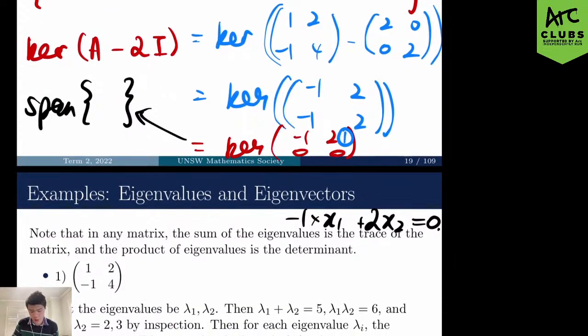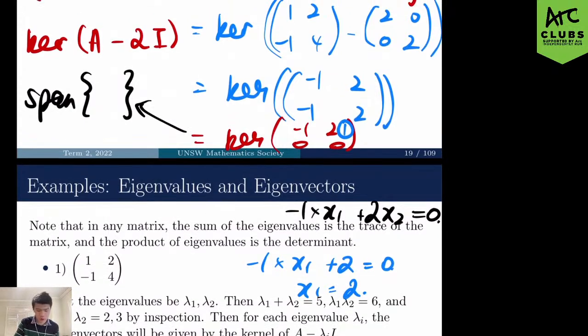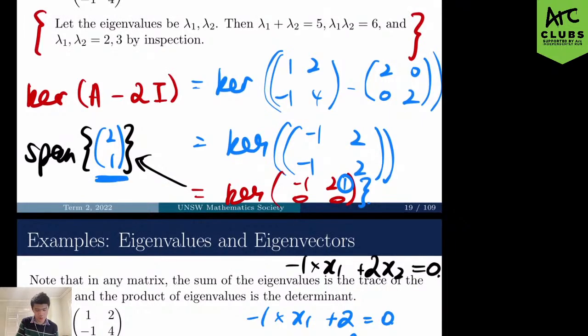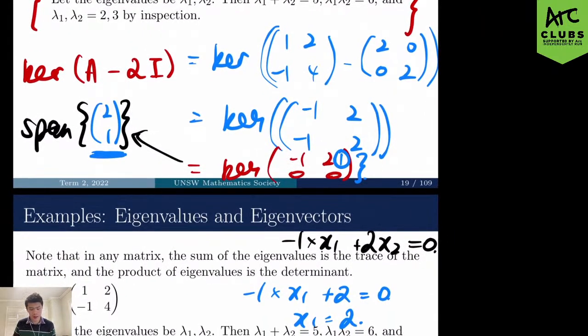Then you've got minus 1 times the first element plus 2 is equal to 0, so x1 is equal to 2. So 2, 1 is one solution. And because you know it's just dimension 1 from the properties of the matrix, this is equal to the span of 2, 1. You can use that technique whenever you've got anything like this.